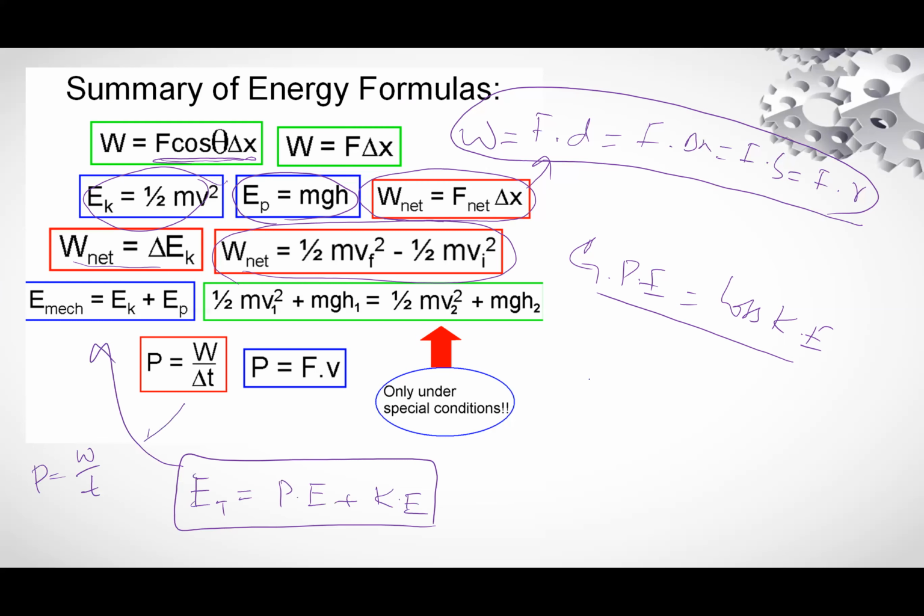Power is equal to work per unit time, which is F dot D divided by T. So power is equal to F dot V, where dt is equal to V.